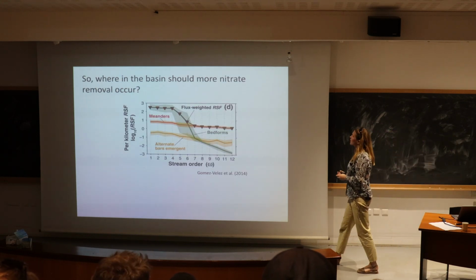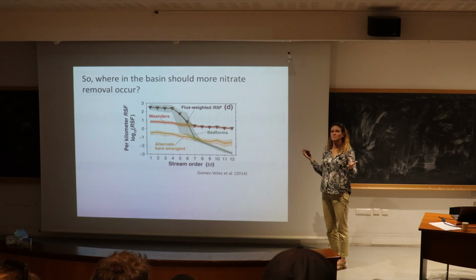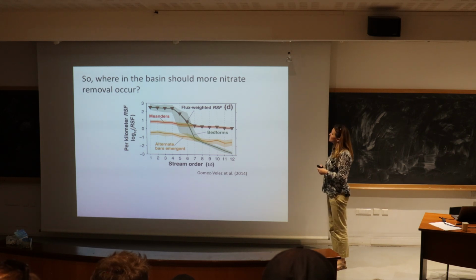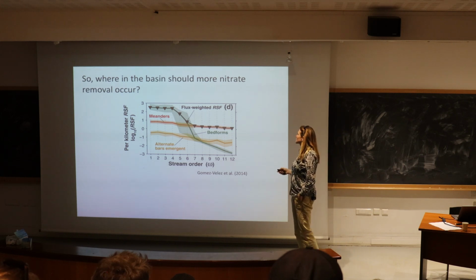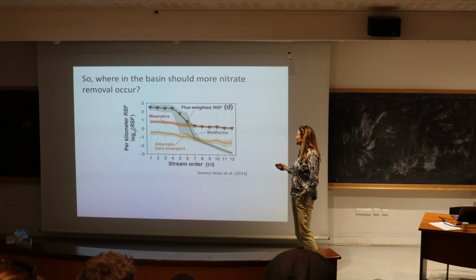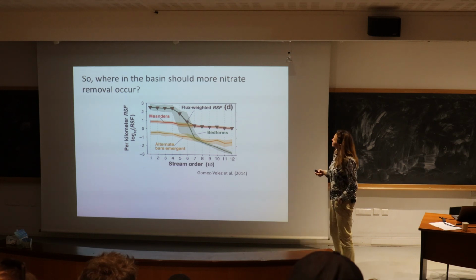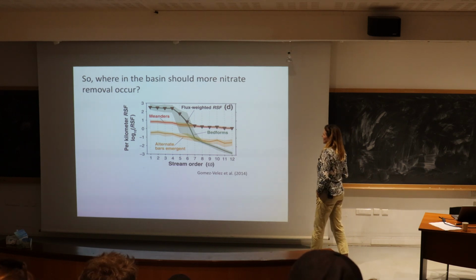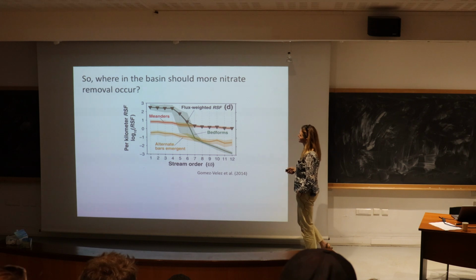So where in, for example, the Mississippi River Basin should more nitrate removal occur? You would think it should occur in the smaller streams, and it does. As we go to bigger and bigger rivers, we're getting essentially less transformation happening if we look at our reaction significance factor.